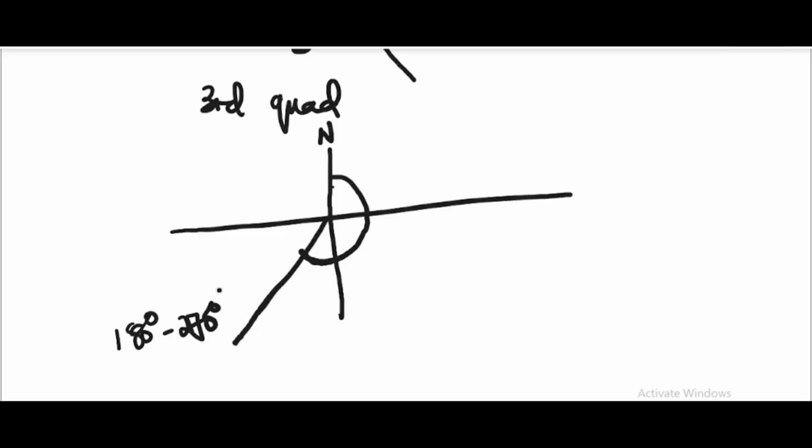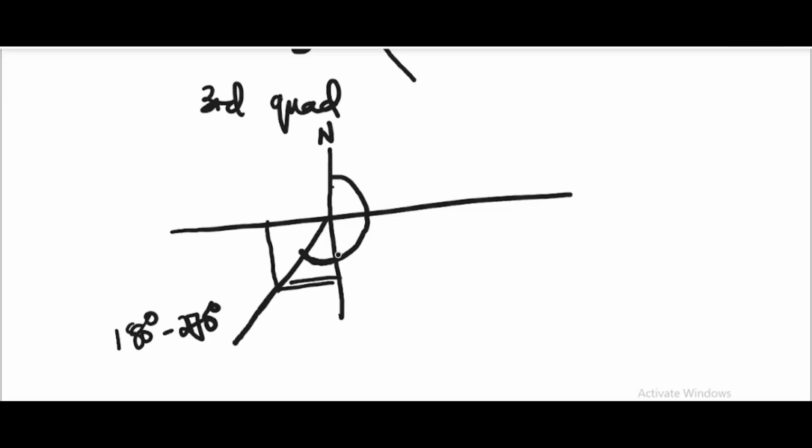Now, somebody will be asking, in the second quadrant, we used 180 because angles there range from 90 to 180. In this third quadrant, why are we not using 270? Let me answer you before I proceed. Note that this is your 180 to 270.